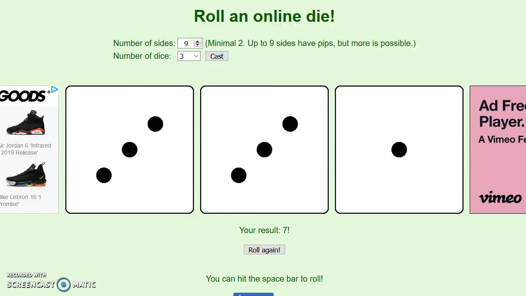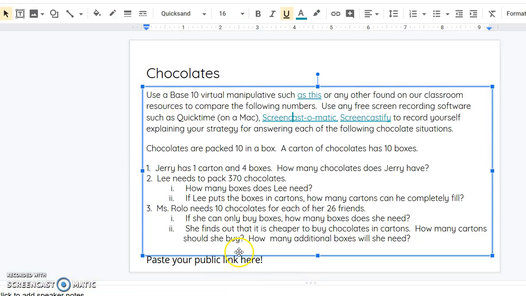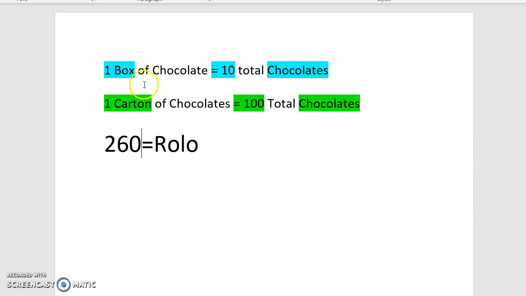Alrighty, let's see what other information we have on here. Okay, so if she can only buy boxes, how many boxes does she need? Well, she can only buy boxes. And we know up here that one box equals 10 chocolates.